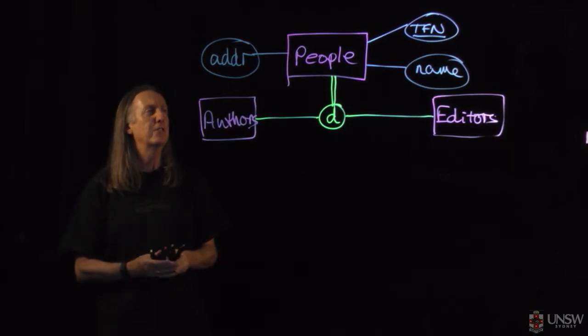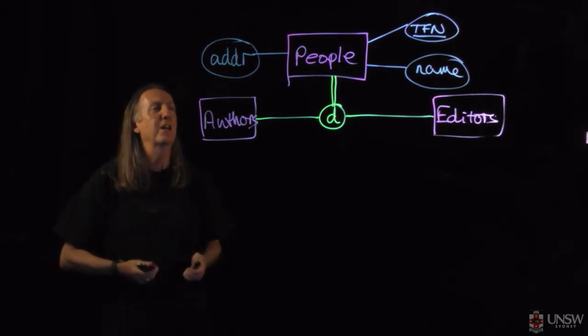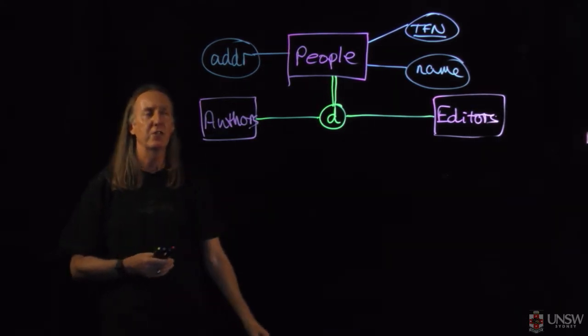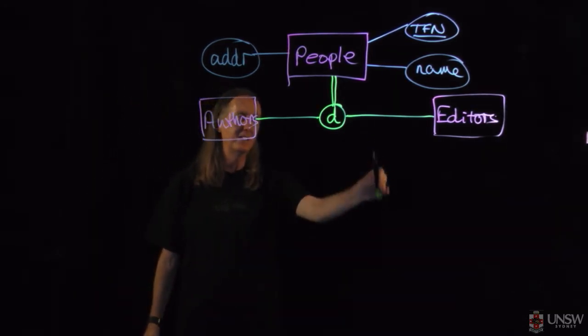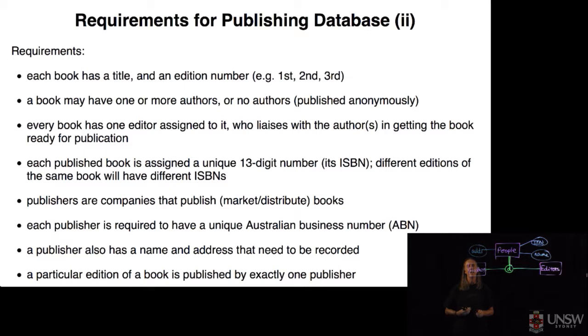Okay, so that covers all of the stuff about people. On the first requirements page, there was also some references to relationships, such as authors write books and editors edit books. So now it's time to take a look at the second page of requirements and start working on the rest of the schema.